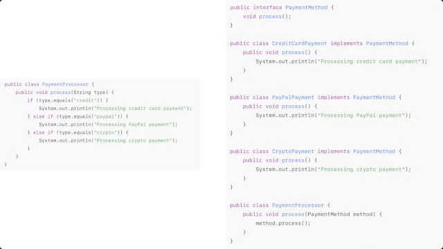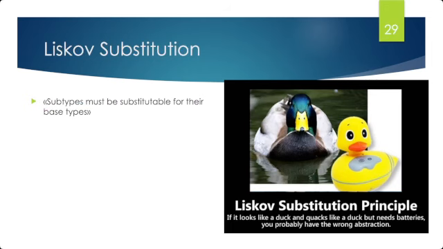So the next principle is the Liskov substitution principle, and it says subtypes must be substitutable for their base types.